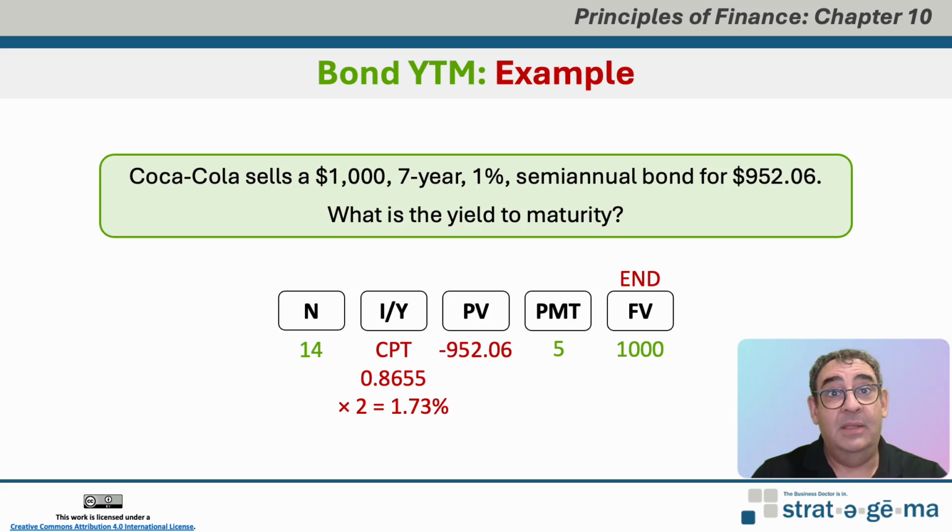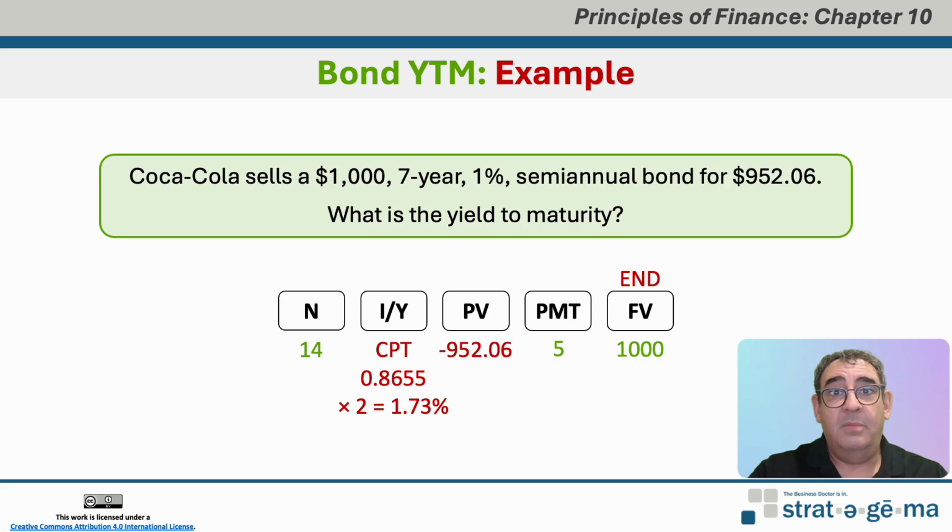That's a percent, but that's semi-annual. So what we have to do is multiply that by 2 to discover that the yield to maturity on this bond is 1.73%. We should then check our answer for logic. If the yield to maturity is 1.73%, how does that relate to the coupon rate on the bond? Well, it's higher. 1.73% is the market rate.